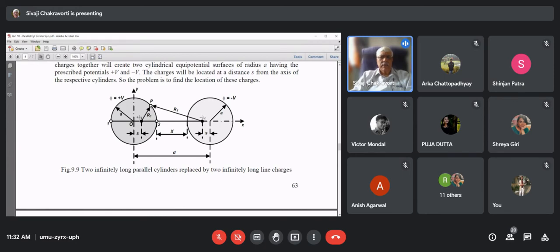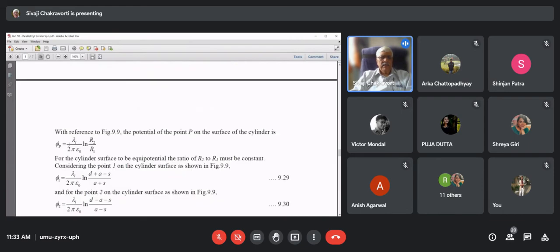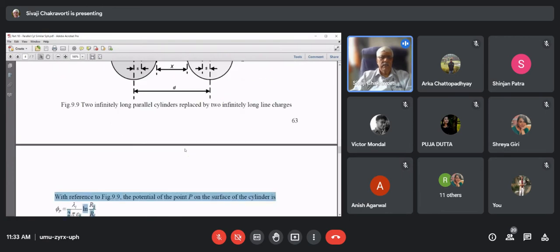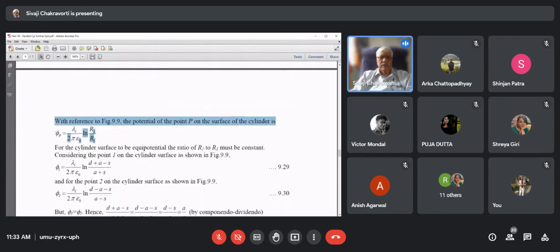Then the distance from plus lambda 1 is R1. Distance from minus lambda 1 is R2. And then, as per our very well-known expression of potential due to the line charge, that means two line charges, one is plus lambda 1, the other is minus lambda 1, I can write the expression of phi p.